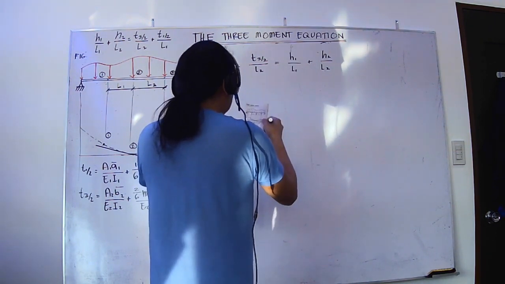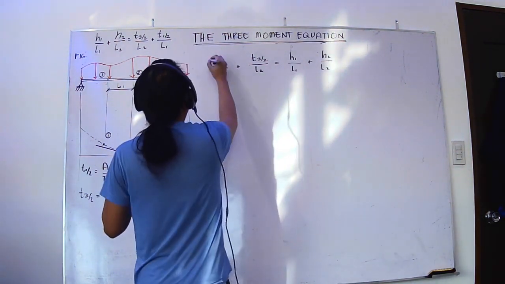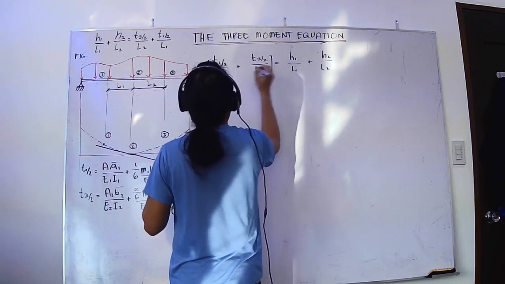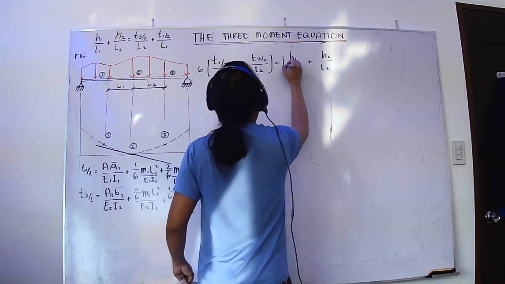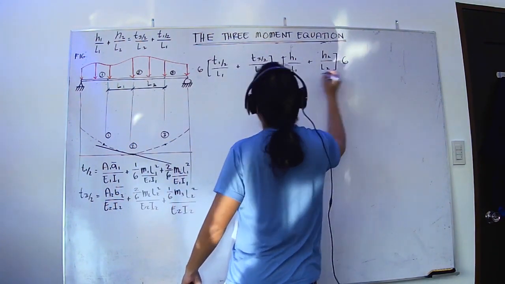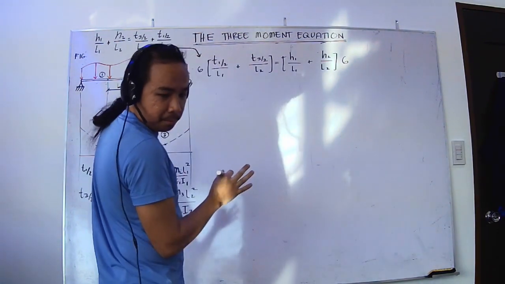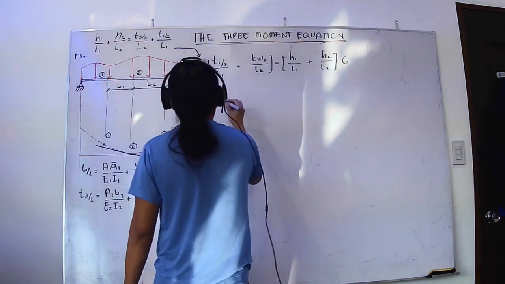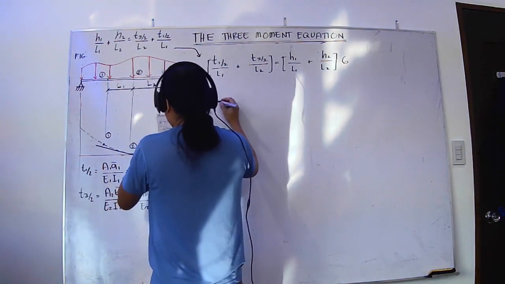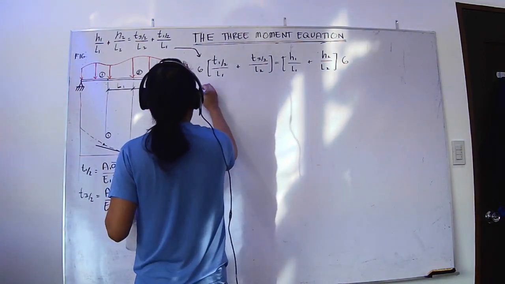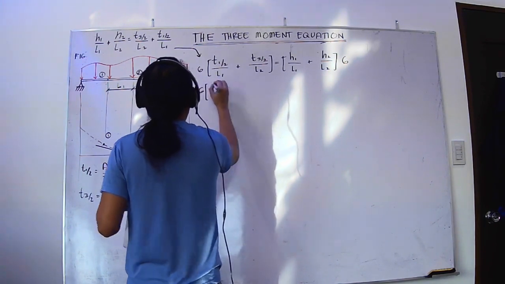I think I will multiply by 6. Okay, I will multiply by 6 and I will have it.